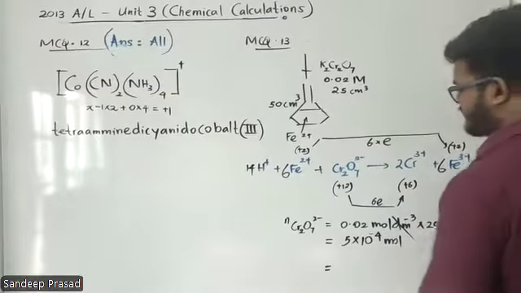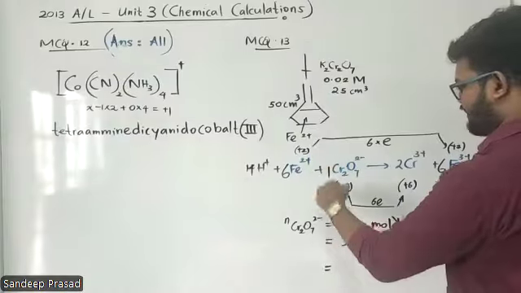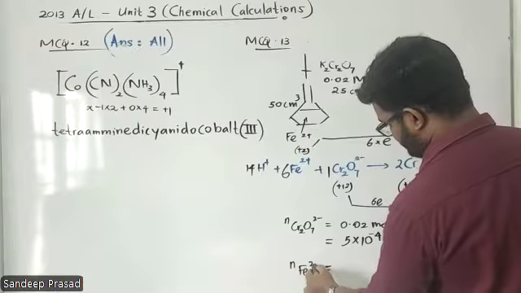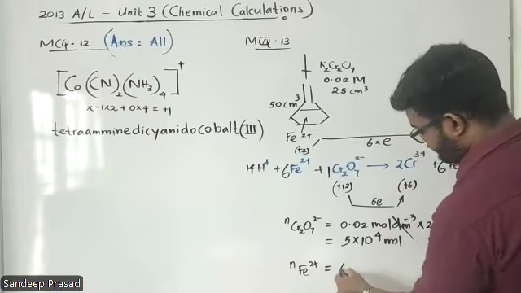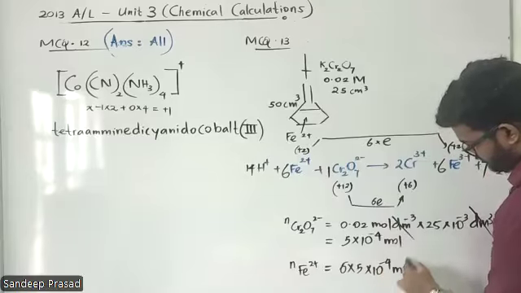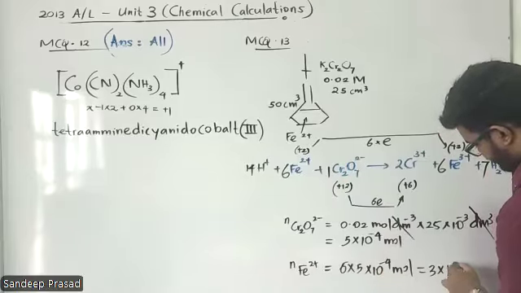Then what is the reaction stoichiometry between iron and dichromate? 6:1. So therefore, number of iron moles in the solution is 6 times of this. That means 3 into 10 to the power minus 3.